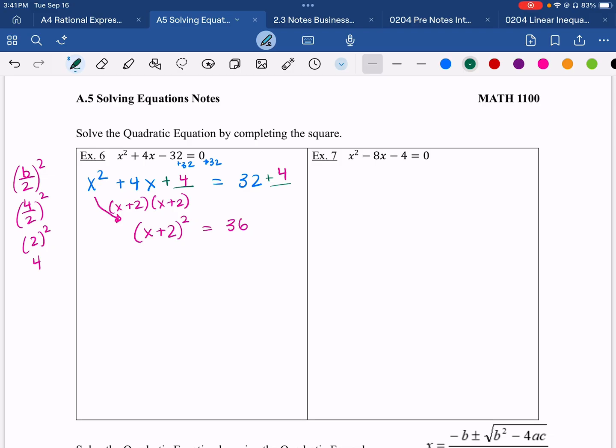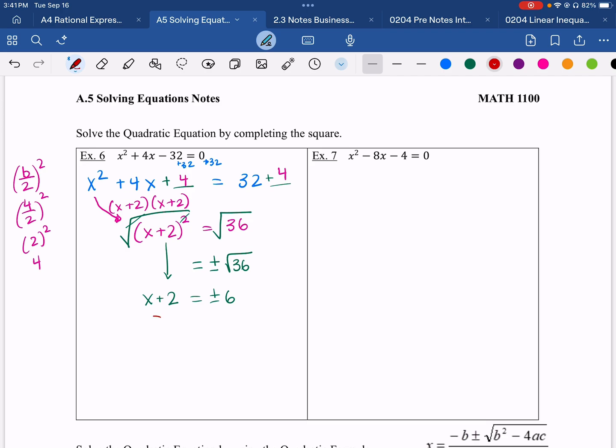Now to get rid of the square, you undo it by taking the square root. Remember, we physically took the square root, so we get plus or minus the square root of 36. We should know what that is. That's plus or minus 6. The square root and the square cancel out, leaving you x plus 2. Then I would subtract 2.